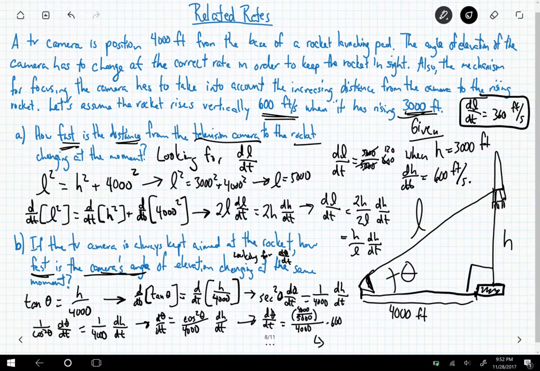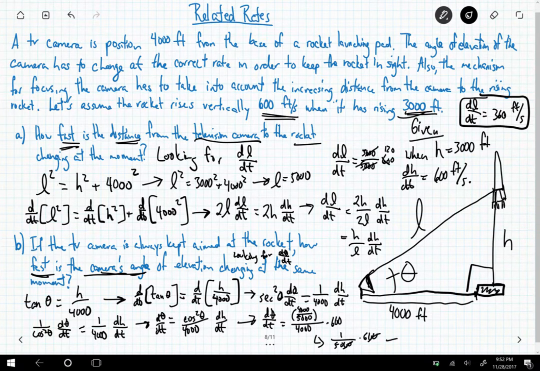So this becomes 1 over 5,000 times 600. You can cross off those two zeros with two zeros below. And then you have 6 over 50, or that'd be 3 over 25.